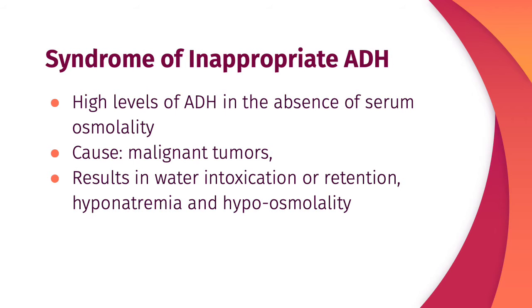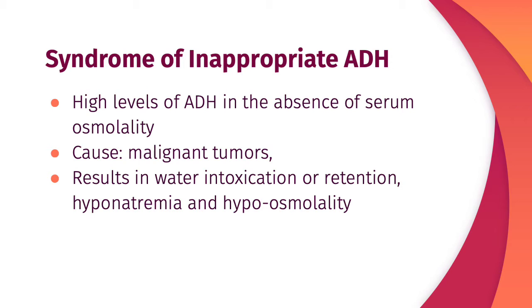So for the hyperfunction, one example is the syndrome of inappropriate antidiuretic hormone. There are high levels of ADH in the absence of serum osmolality. Now, normally, your antidiuretic hormone is secreted in response to serum osmolality. If there is a hyperosmolar state, ADH secretion increases and renal water is reabsorbed.